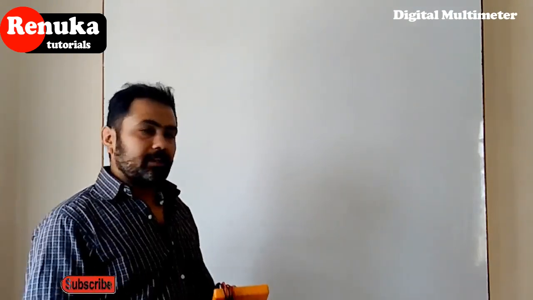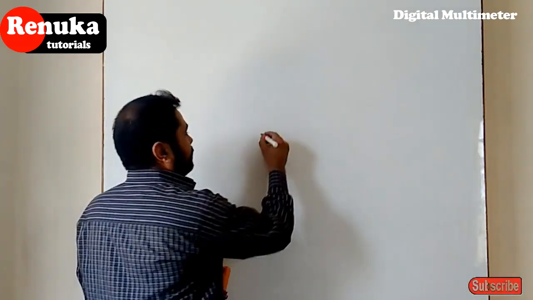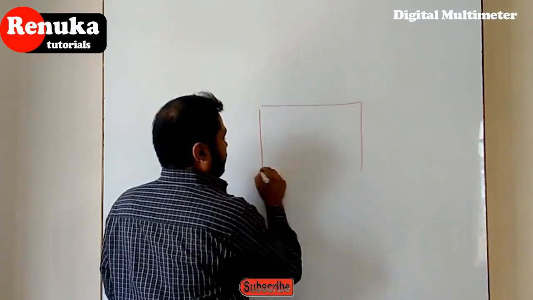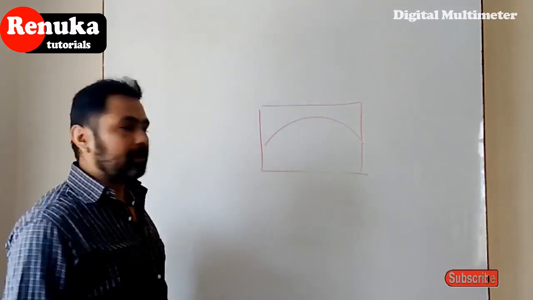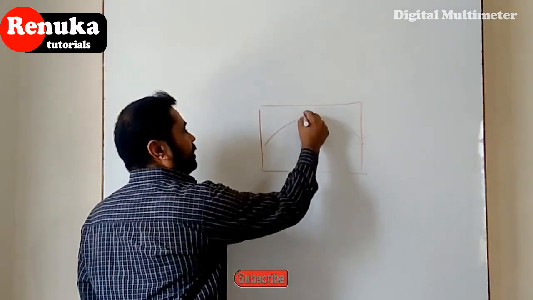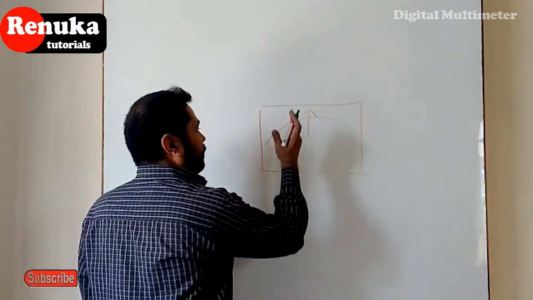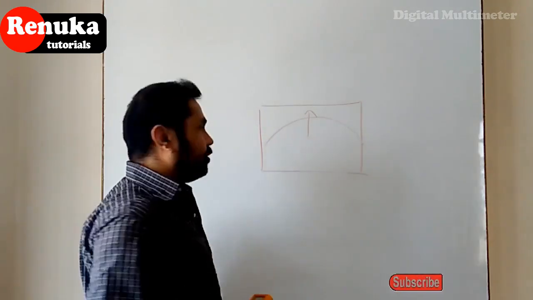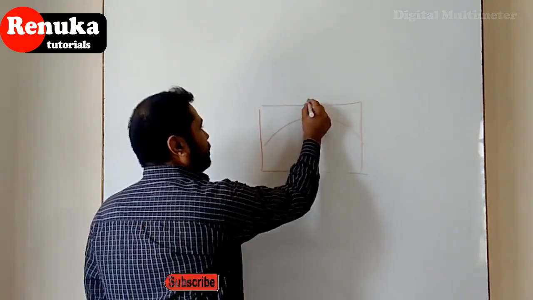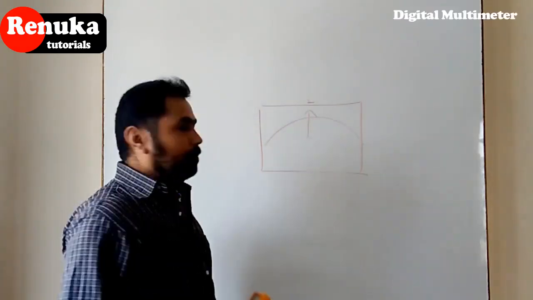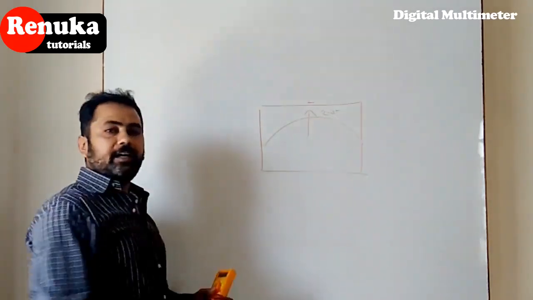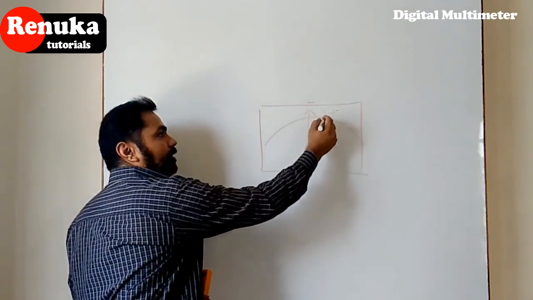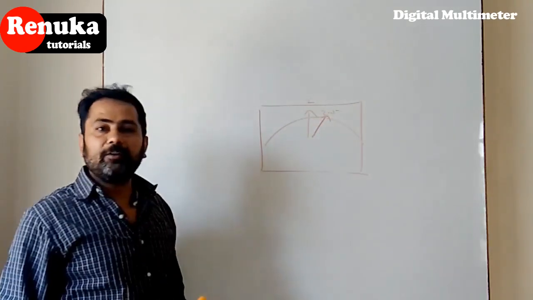What do you mean by parallax error? Parallax error means, in an analog meter, it uses a round half circle scale here and a pointer is shown here. If I observe this reading from the top, it will be shown as, suppose, 2. But if I observe it from my left hand side, this needle will be shown at 2.5.